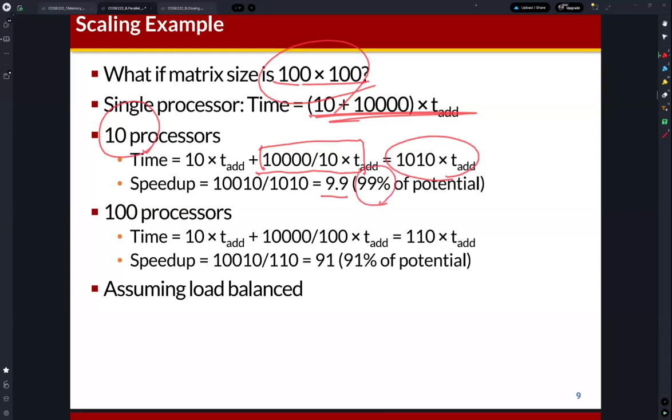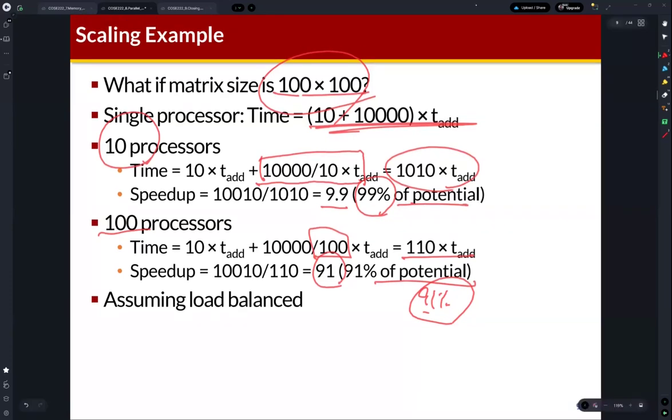So we can achieve 90% of the potential speed up. How about the 100 processors? So this part is divided by 100. Okay, so it's the total execution time. So we can achieve the 91% of the potential performance improvement.